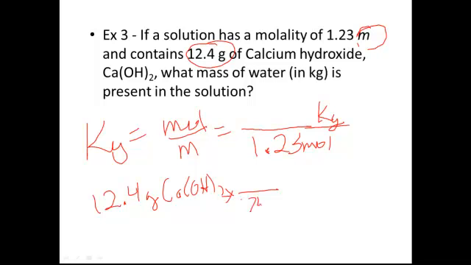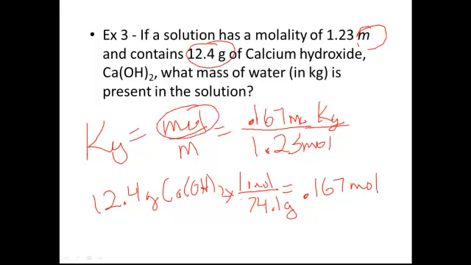So 74.1 grams, 1 mole. 12.4 divided by 74.1 equals 0.167 moles. And so that's what I'm going to put here for my moles, 0.167 moles. Then we can see our moles are going to cancel, and all we have left is kilograms.